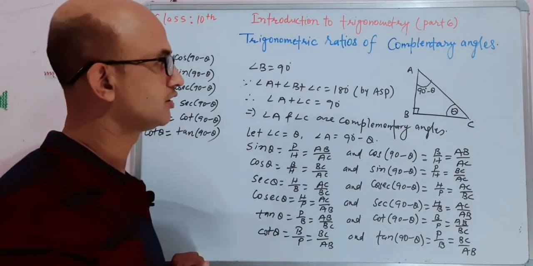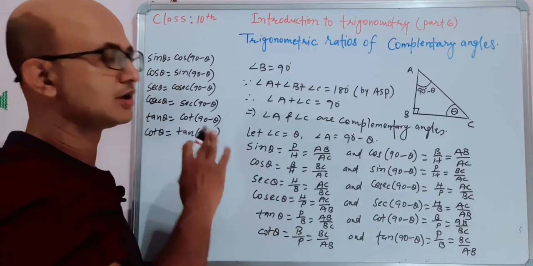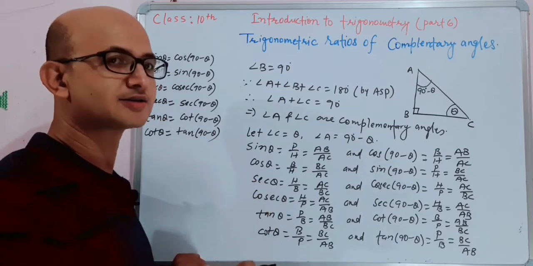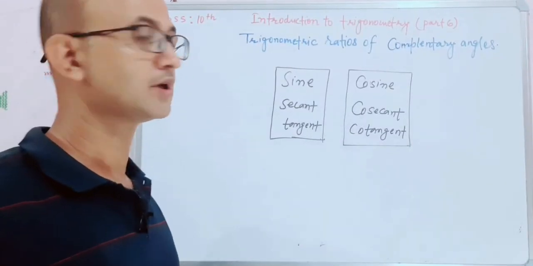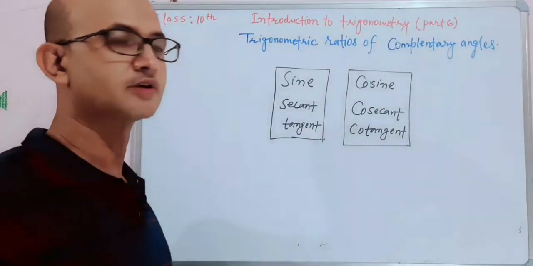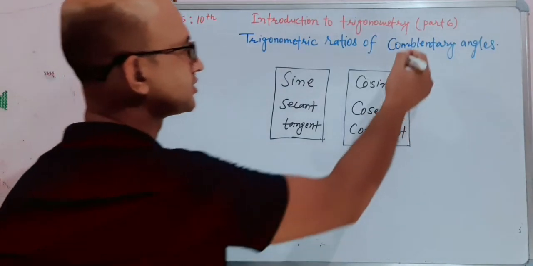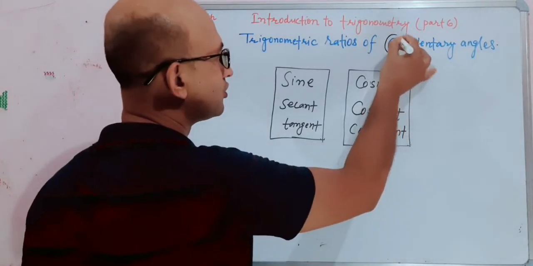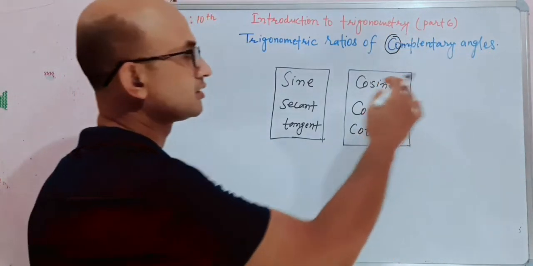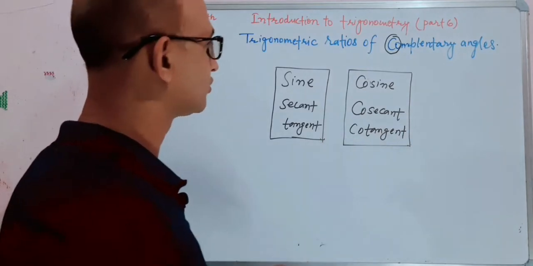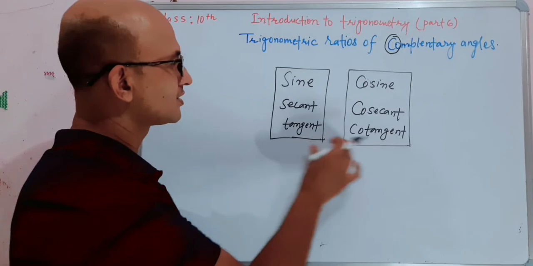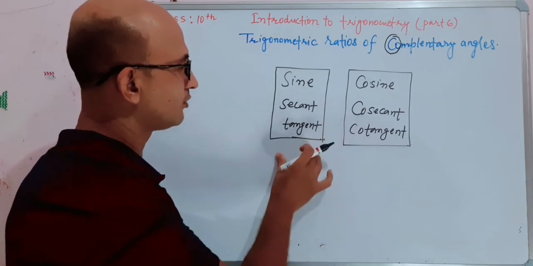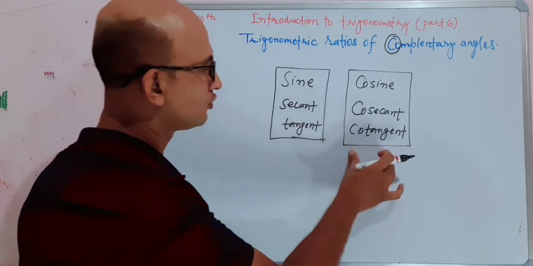Now, dear students, to remember this formula, there is a trick. Let us see how this trick works. In this trick, the first two letters CO of complementary angles play an important role. You can see here all the 6 trigonometric ratios have been put into 2 columns.